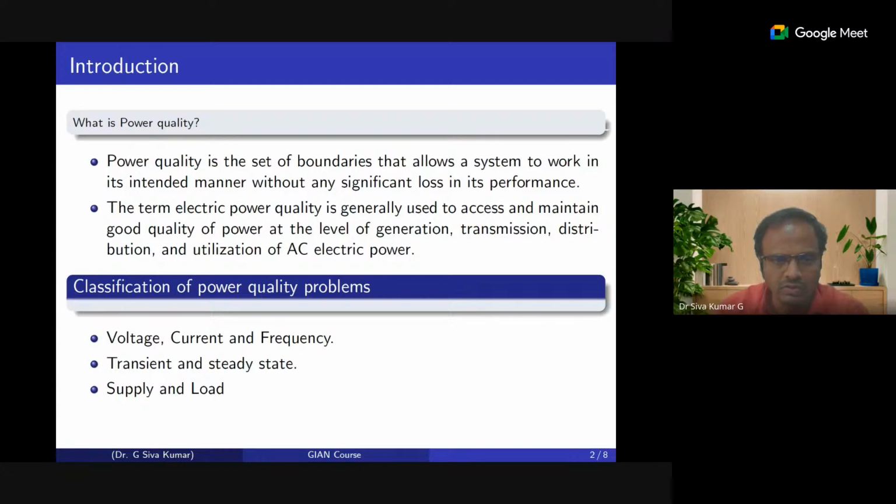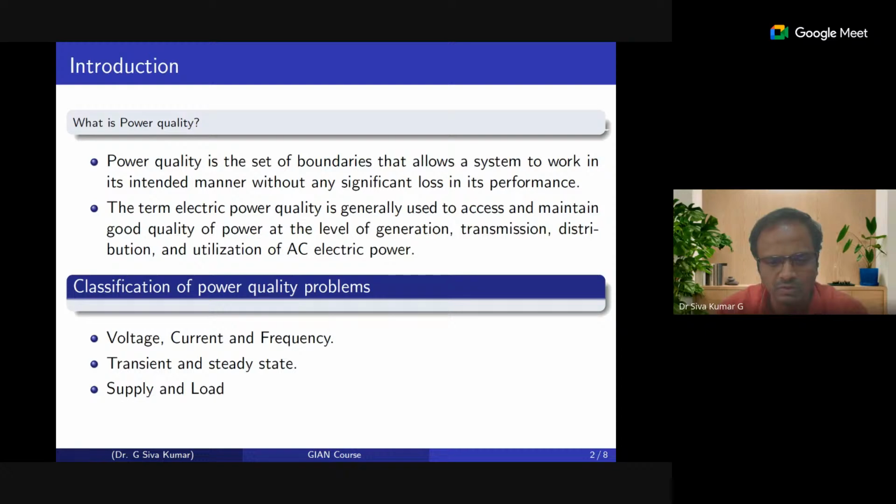If you take a load, and the desired output or performance is being delivered as the load requires, then we can say that the system power quality is well maintained. It all depends on the power quality, which is defined with respect to the load also.